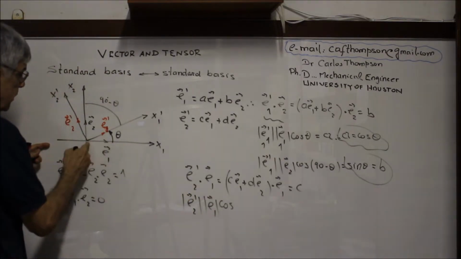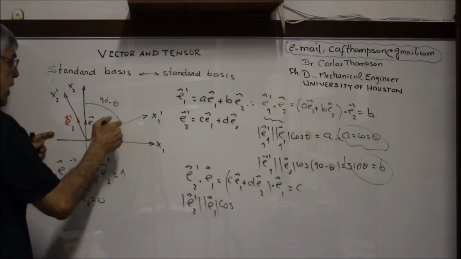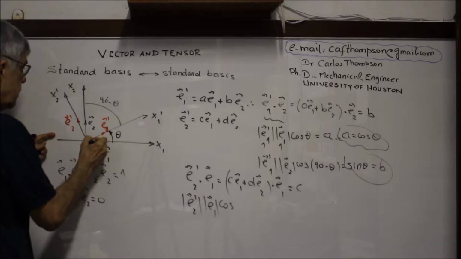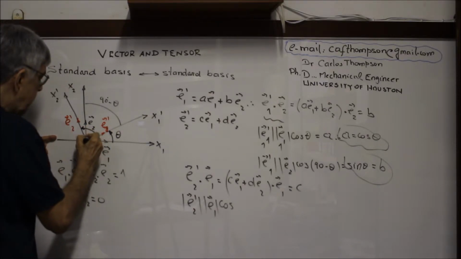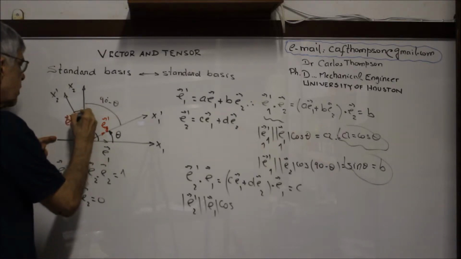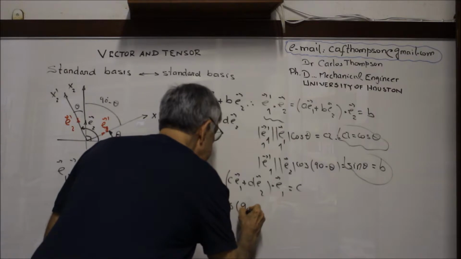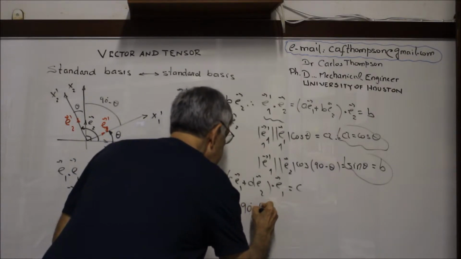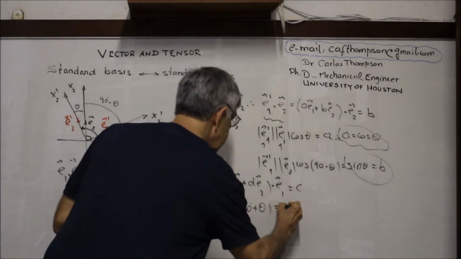So this is E1, here is E2 prime, and the angle from here to here will be 90 degrees plus theta. It's quite easy. Now this is equal to C.